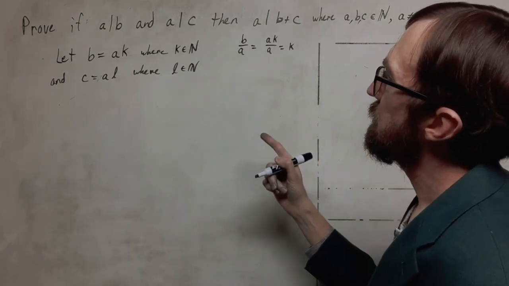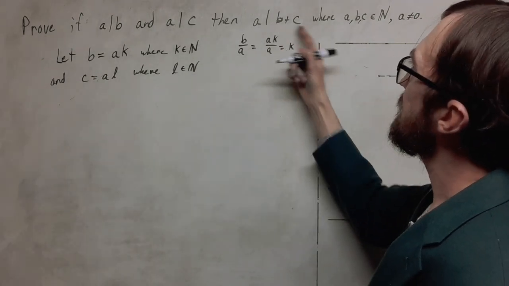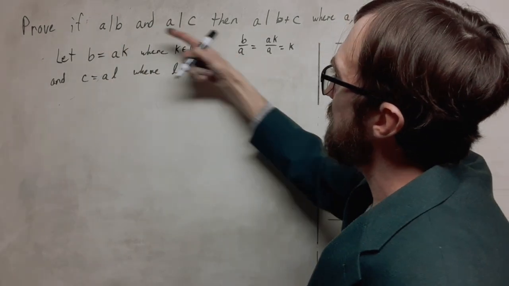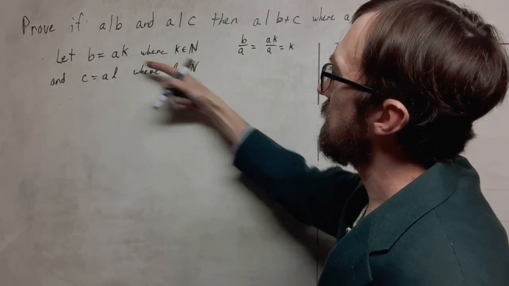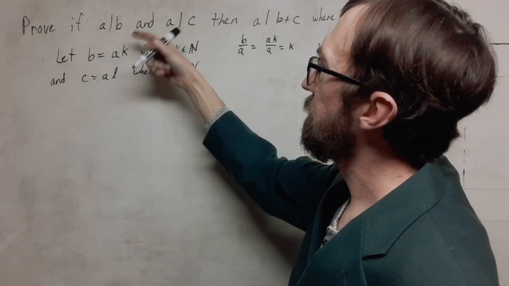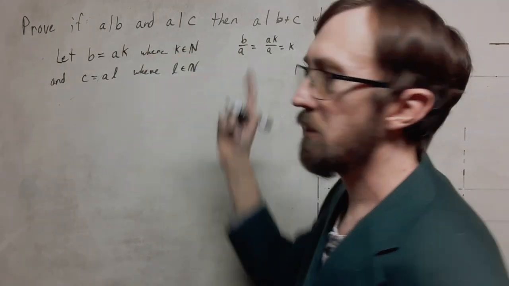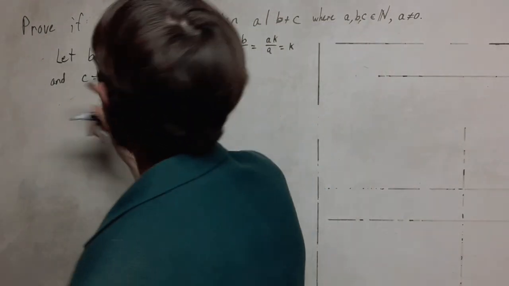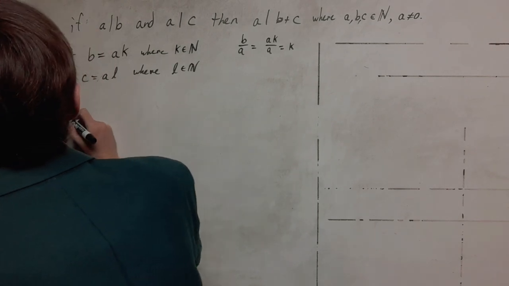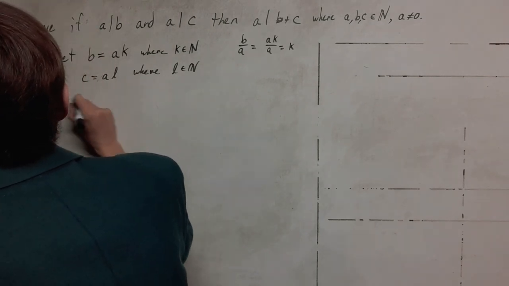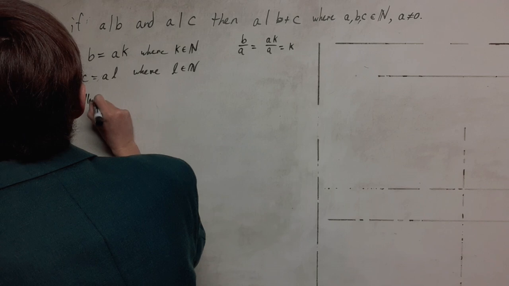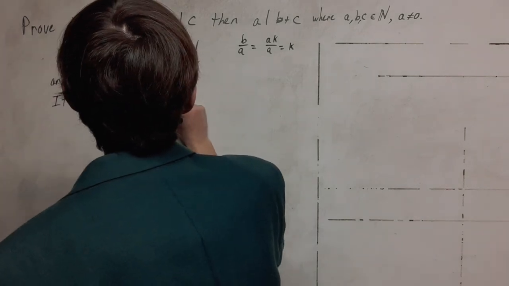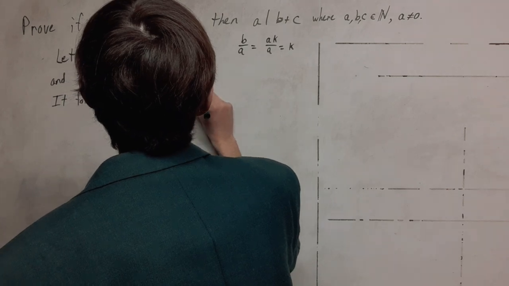Now we need to see what happens when we add B and C together. So we've taken the if statement as true. We know that these are going to be true if we have these conditions because of the way division is defined. So now let's take B plus C. B plus C has to equal AK plus AL.